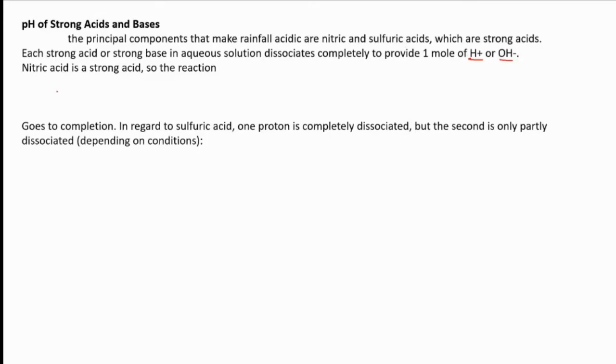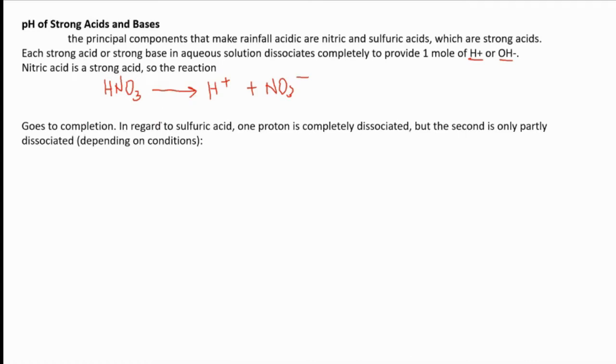Nitric acid is a strong acid, so the reaction is HNO3. Look, guys, it has only a single arrow, which means it dissociates completely. So the reaction goes to completion.